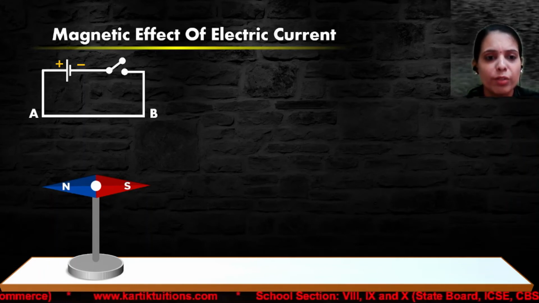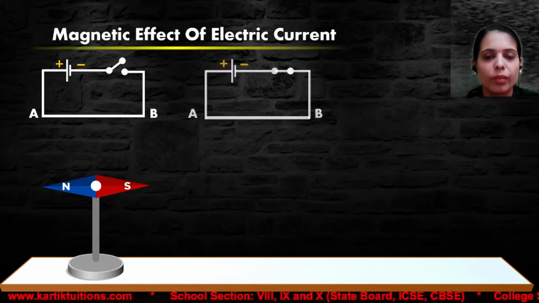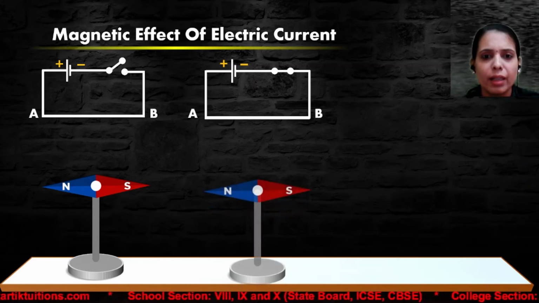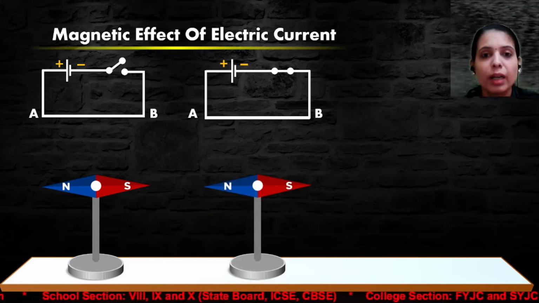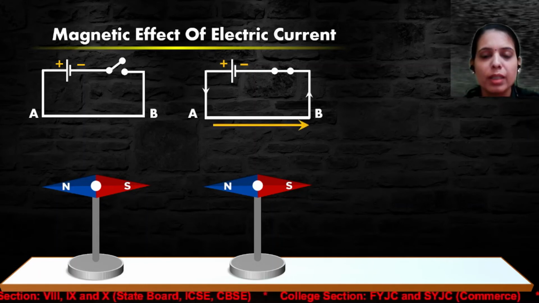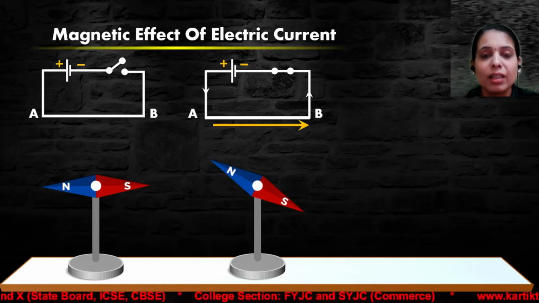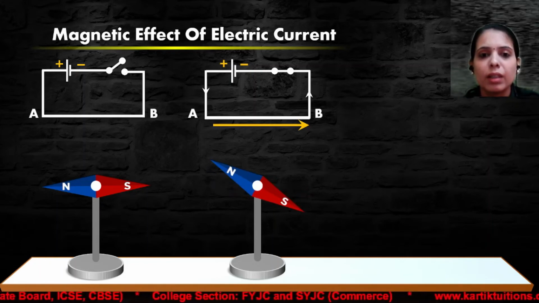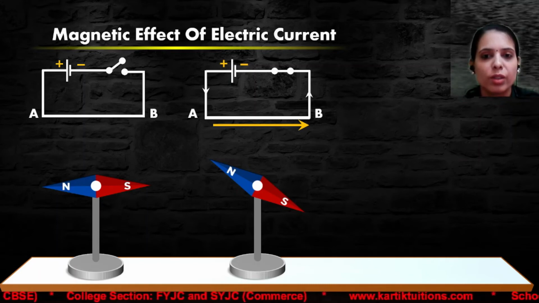Hence, there is no effect seen on the needle. Okay, now in the second case, the key is closed. Now the current is flowing from point A to B. So let us see the effect. Here we can see the deflection happening in the needle. The needle gets deflected in the clockwise direction.